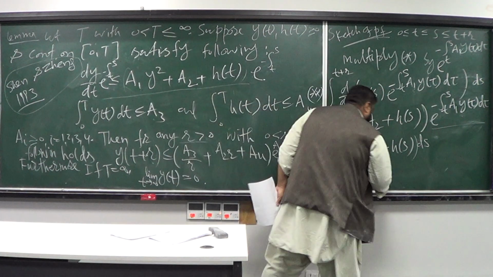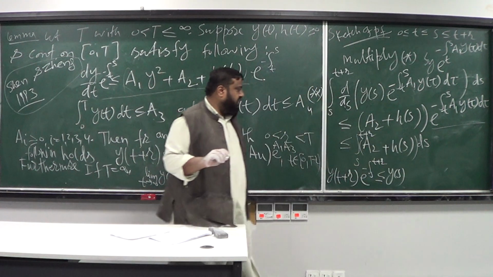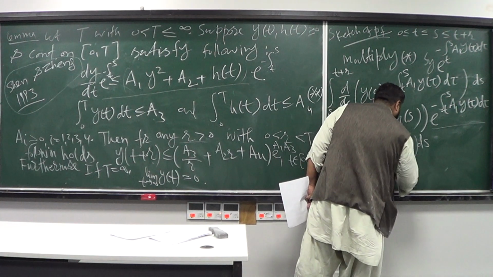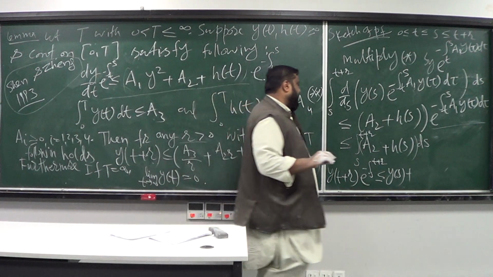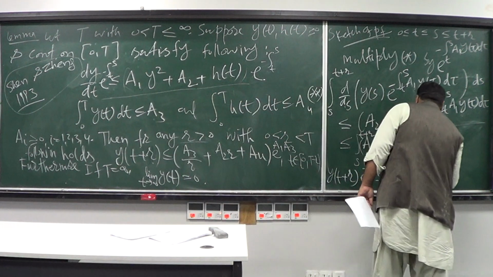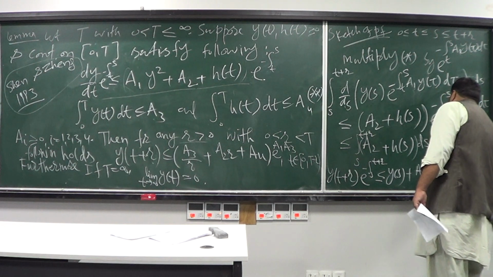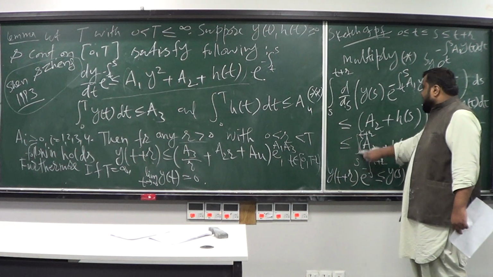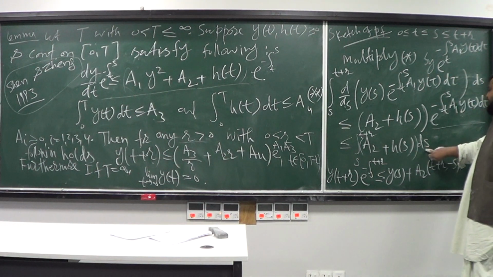Let's write this y of s here, plus the integral of a2. The integral of a2 is going to be a2 times t plus r minus s, and the integral from s to t plus r of h of s with respect to ds.